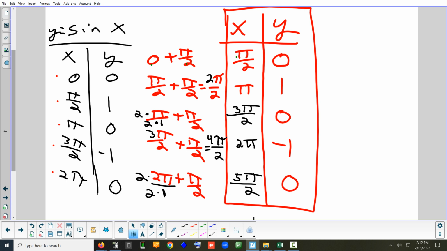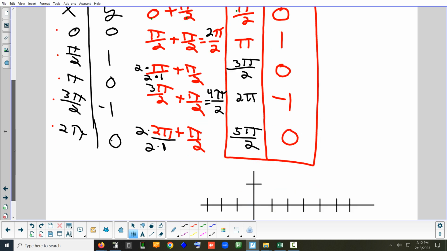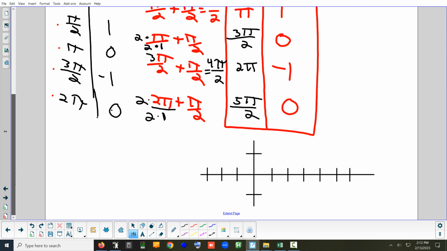The pattern here is always over 2, and the number in the top goes up by 1. So once I see the pattern after the first 2 or 3, I just continue the pattern. I don't worry about finding the common denominator every time. But there has to always be a pattern. It's not as easy to see the pattern once you reduce it, but you should reduce it for your final answer. So that's our table. Now, we want to graph it.